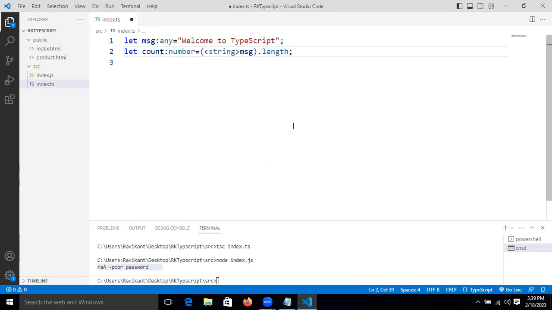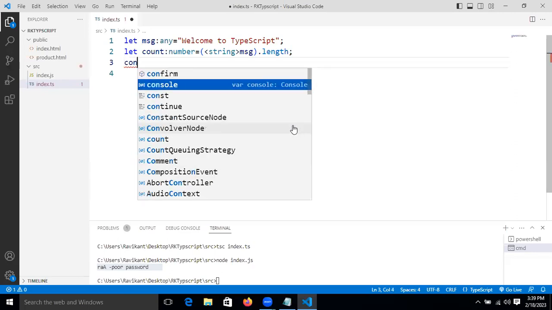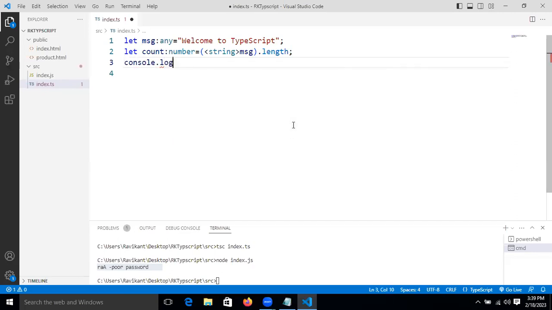Suggestions we are getting, right? Now console dot log, and inside that we can print total number of chars.